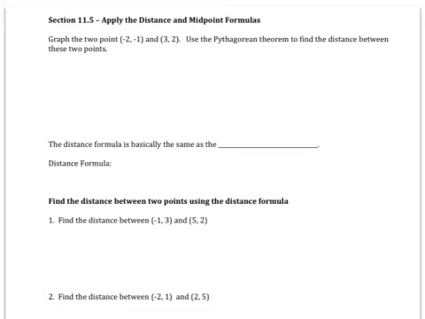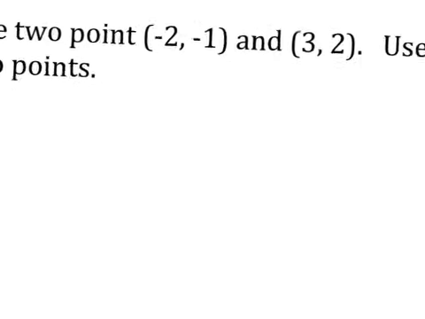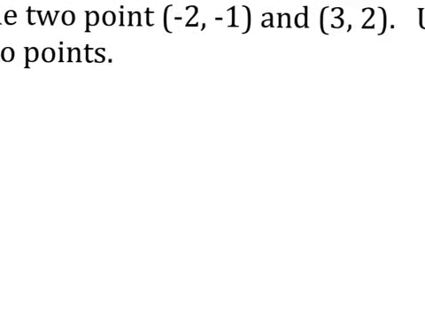So to illustrate how we would do this, let's draw a picture. So I'm going to zoom in real quick, and let's draw a graph, and let's put those 2 points on the graph.